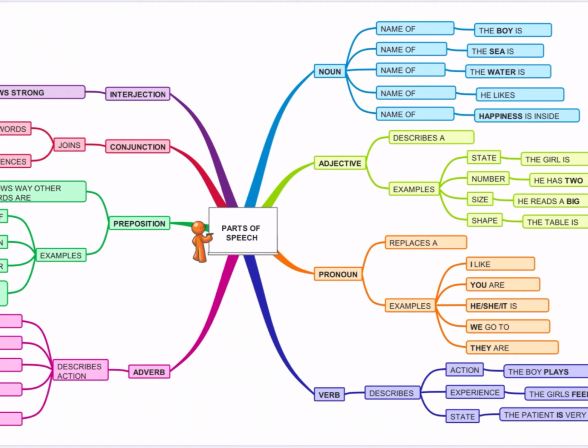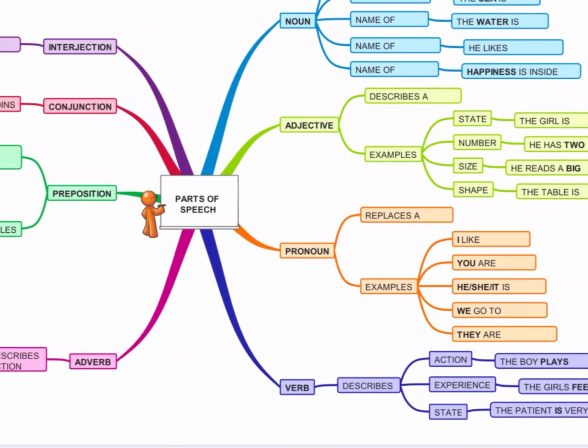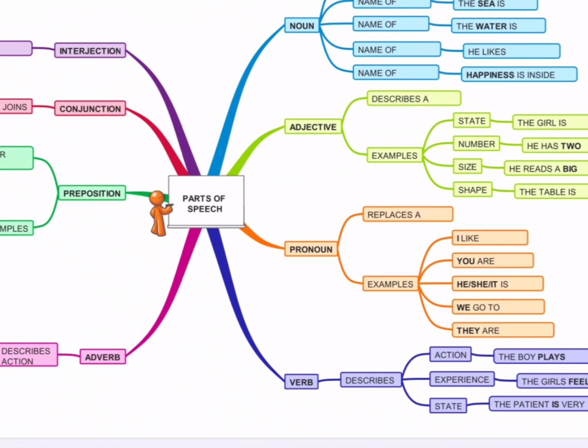And that's called a definite pronoun. The definite pronouns are I, you, we, he, she, it, they. So the pronoun replaces the noun.